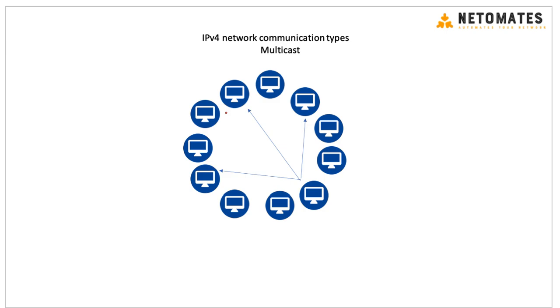The other type is multicast. In this case, one PC is trying to send the same information to 3 PCs. So it is trying to send the same information to multiple PCs at the same time. This communication we call multicast, because the PC is sending the information to multiple devices.